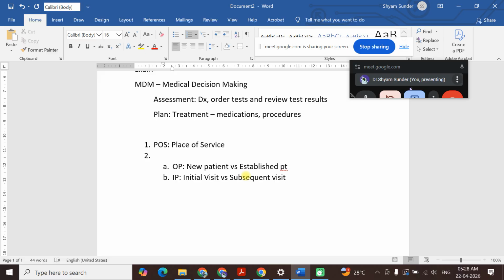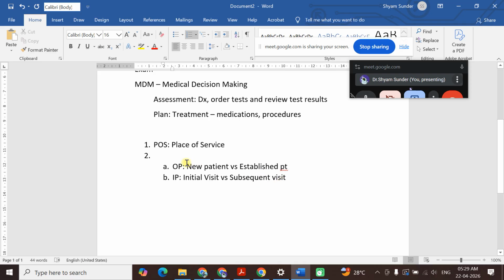The first visit by the provider to the inpatient. Maybe on the same day of the admission or next day, whatever. For example, patient is admitted, orthopedician is visiting the patient on the day of admission. That is initial visit. And the second day, third day until discharge, there are subsequent visits.